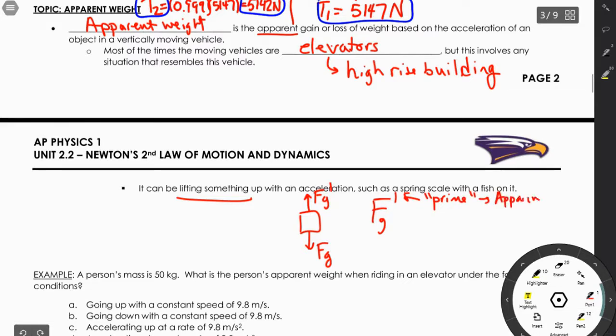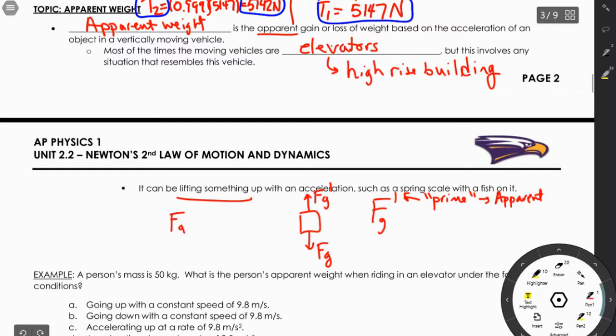If you remember transformations in geometry, when you did a translation, triangle ABC becomes triangle A prime, B prime, C prime. So it's going to be apparent weight up, weight down.